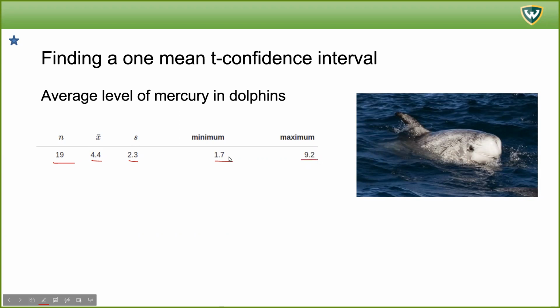Now, if you don't really know anything about measuring levels of mercury, it's hard to know what these numbers mean. But let's just assume that lower levels of mercury are good, higher levels of mercury are bad, and so on.